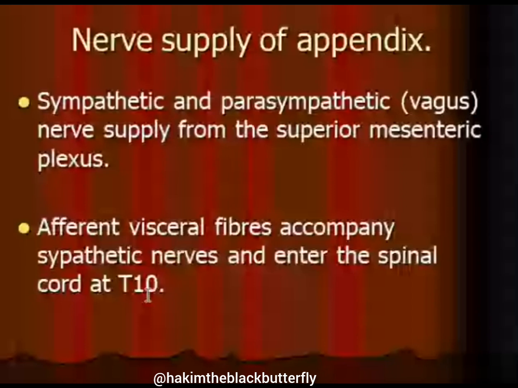Why is that pain coming to the skin around the umbilicus? The pain is coming from the appendix and it's going to T10 segment of the spinal cord. And then sensory nerves to skin are going to pick it from T10 segment of the spinal cord and take them to the skin around the umbilicus, because it is also supplied by T10 segment of the spinal cord.